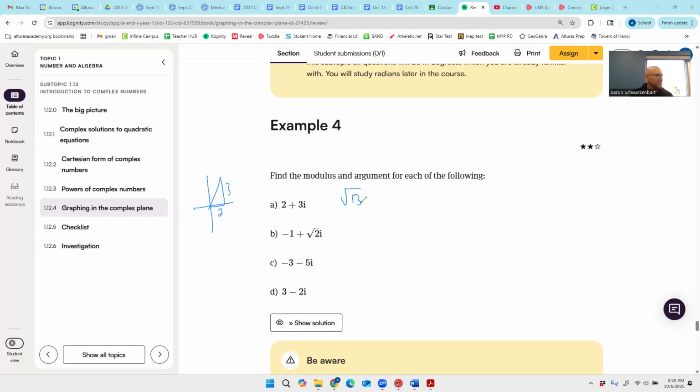Square root of 13. And then I have to do inverse tangent of 3 over 2.